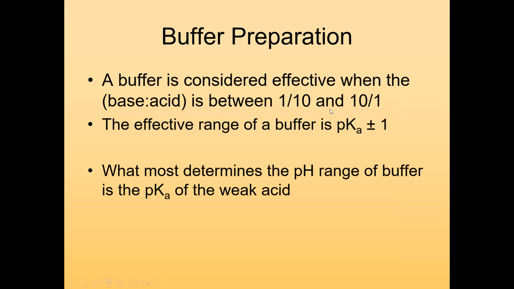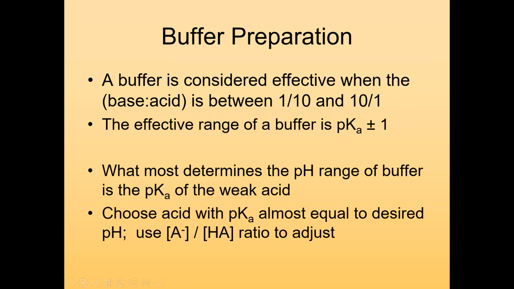And what most determines the pH range of a buffer is the pKa of the weak acid. So the pH can range up 1 or down 1 from the pKa of the weak acid that is in the buffer. So we would want to choose the appropriate acid that has a pKa almost equal to our desired pH or our target pH.